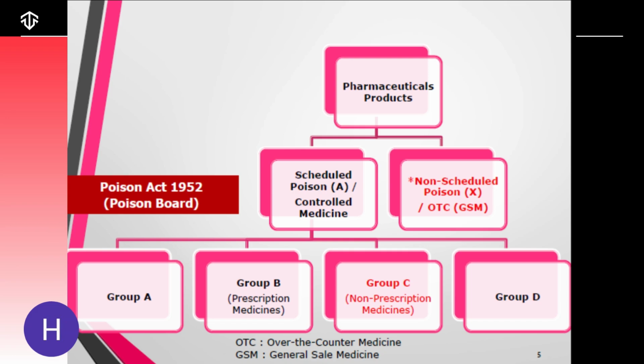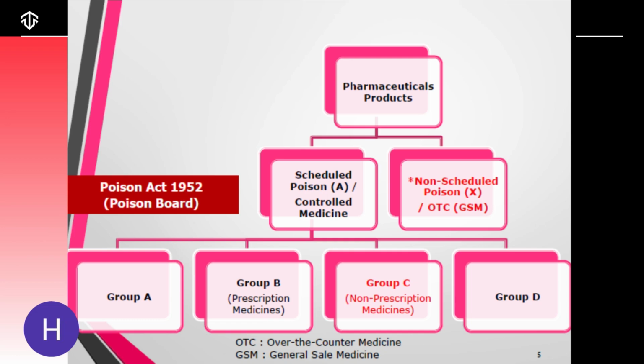The non-scheduled poison category, OTC or GCM, is the products containing active ingredients which are not listed in the first schedule under the Poison Act 1952, and excluding the active ingredients which are categorized under health supplements, natural products, or cosmetics.